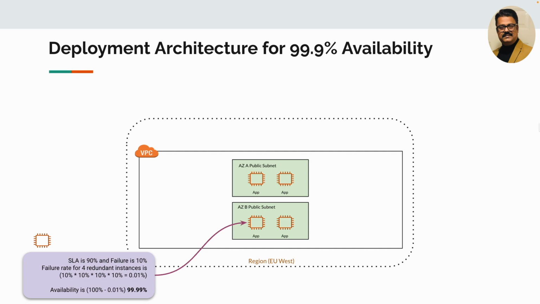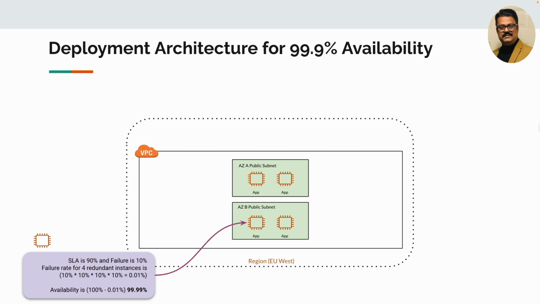And then subtract the failure rate for all 4 instances from the initial availability of 100%. Now the new availability is 99.99%. Now you can already see the advantage of having redundant instances and how that helps reduce the overall failure rate for the redundant components, in this case, EC2 instances.